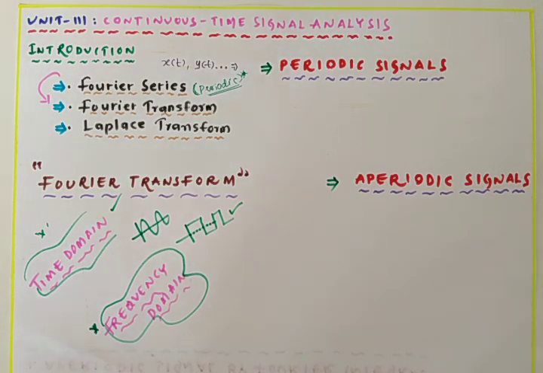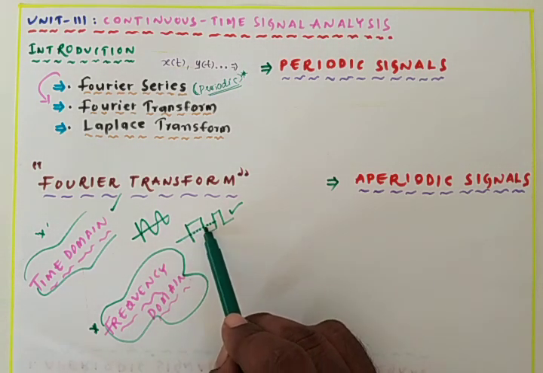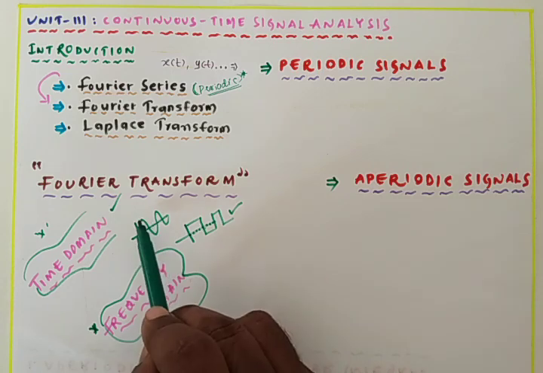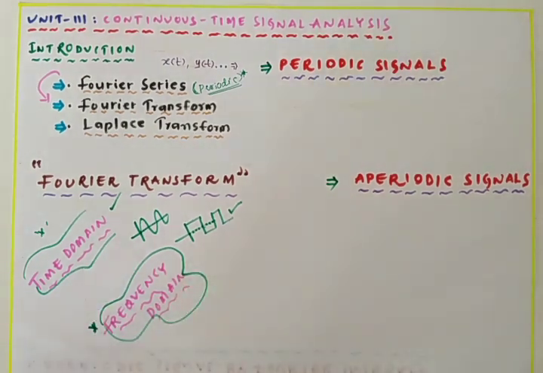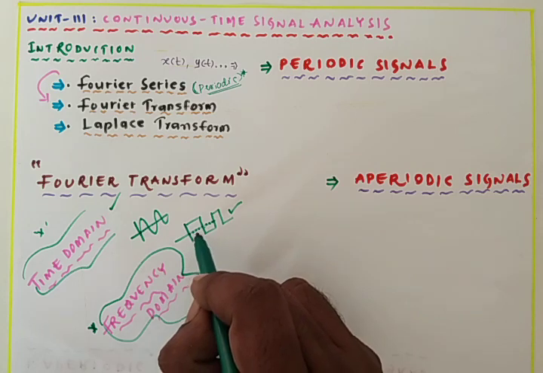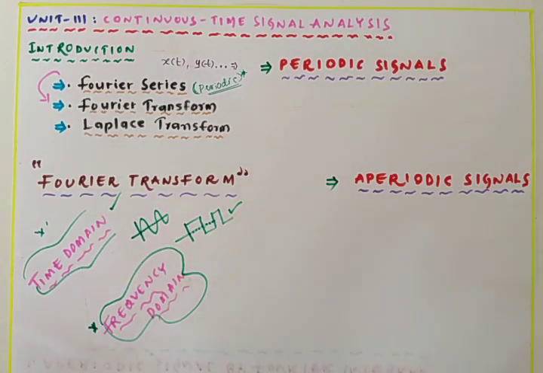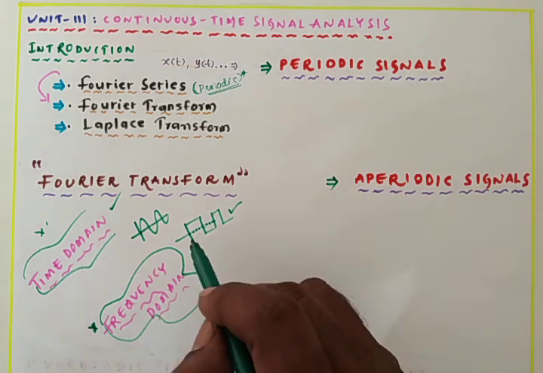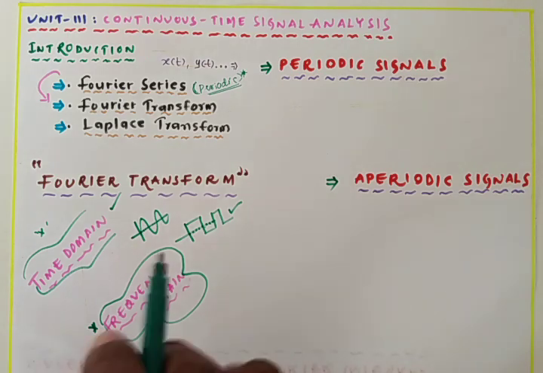In a time domain signal, for every real value of time, there will be a value of the signal. If you take any continuous time signal, for every real value of time we can have the signal. In case of discrete time, at some specific time instances, and the time instances are also real values only.